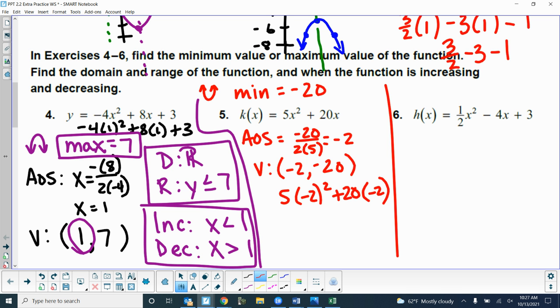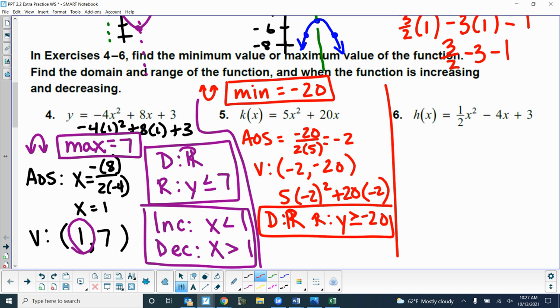Okay? Domain again. All reals. Range, y is greater than or equal to -20. Questions? All right, so now it opens up. So left side is decreasing and right side is increasing.